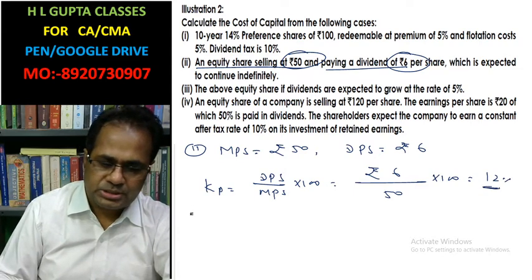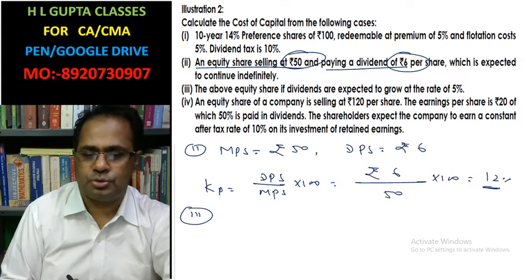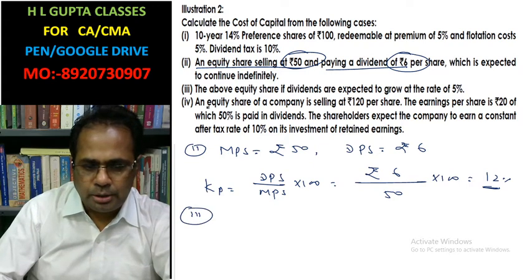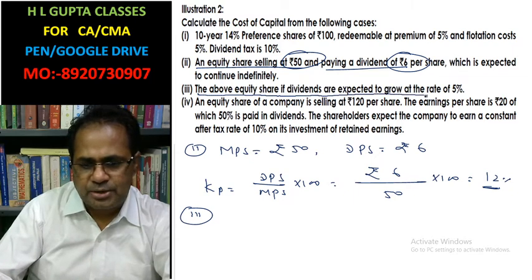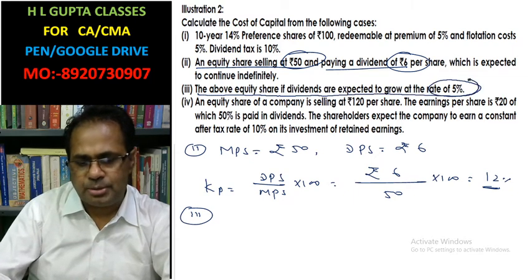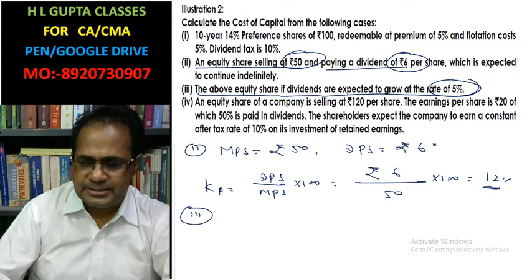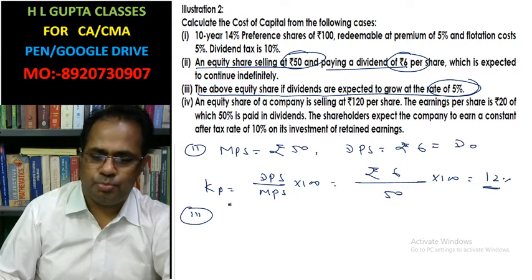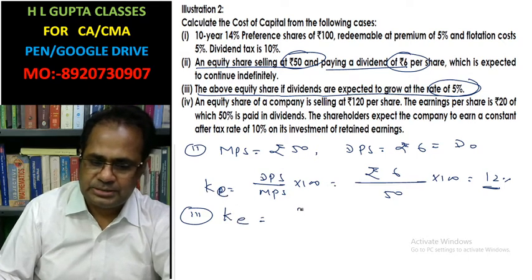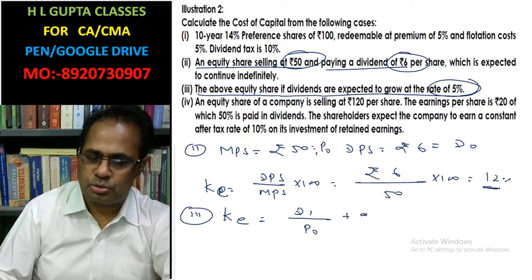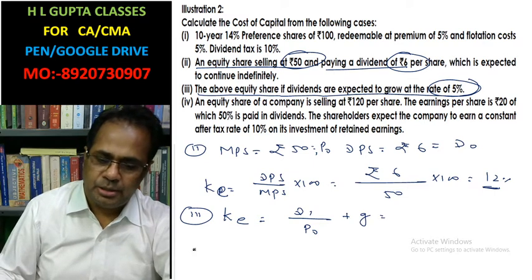Now, what is the third part? In the above equity share, dividends are expected to grow at 5%. Growth rate is given as 5%, so the given dividend is taken as D0. Whenever a growth rate is given, the formula for Ke is D1 divided by P0 plus growth rate. P0 is the current market price.